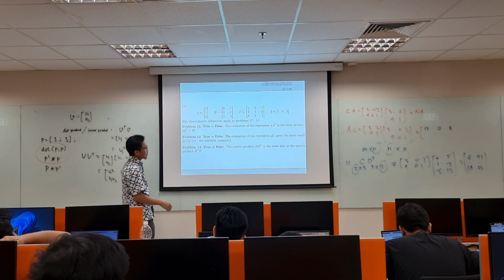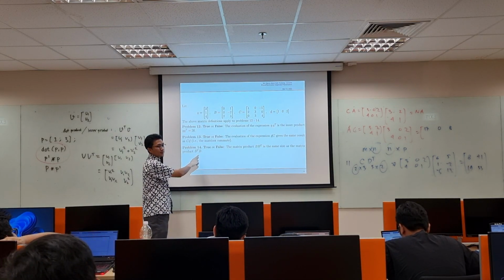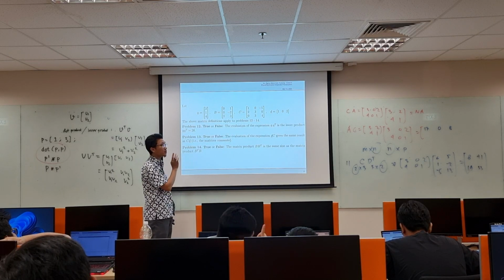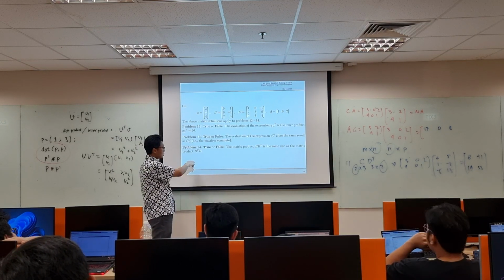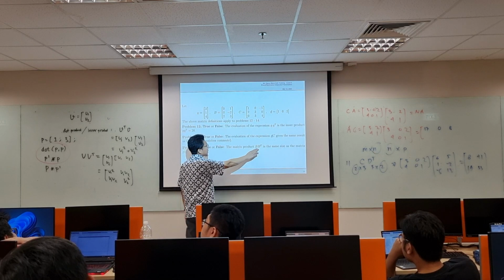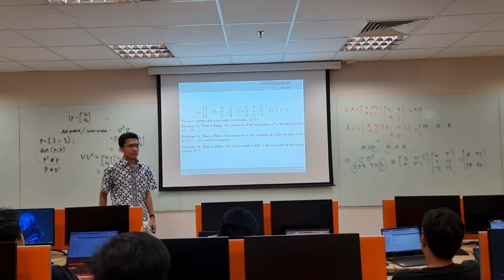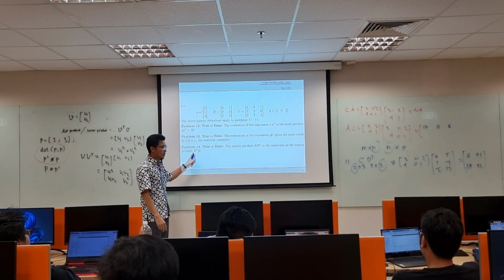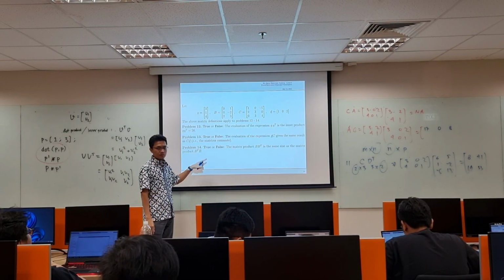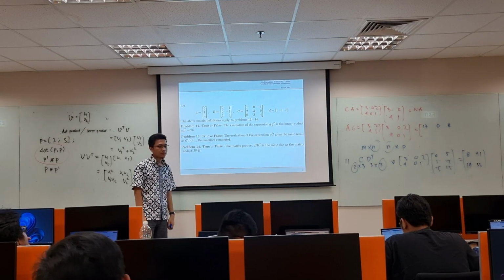What's the size of B transpose B? It's 2 times 2. What about this one? 3 times 3. Unless this is a square matrix, then this is true. If it is square, it is true.